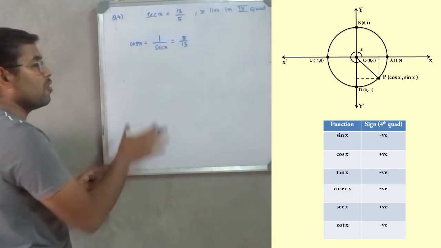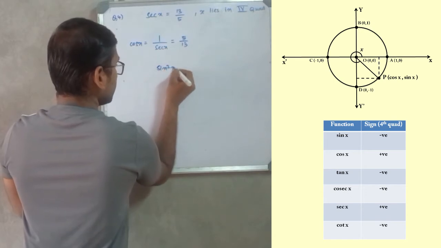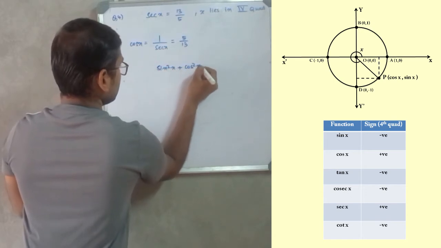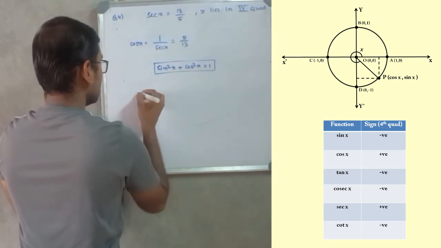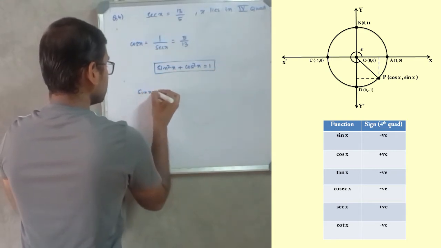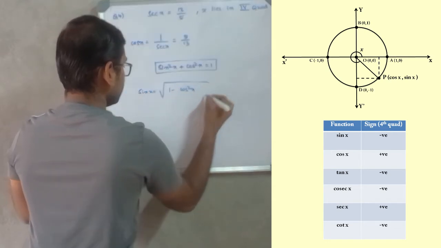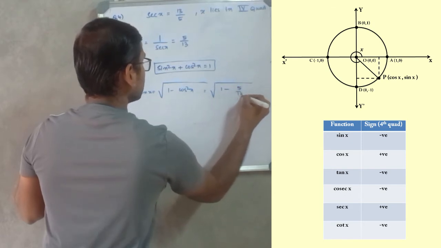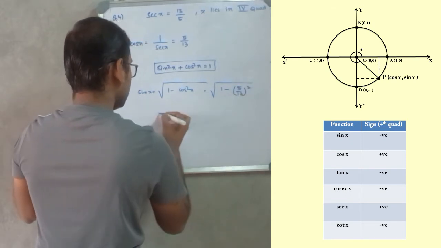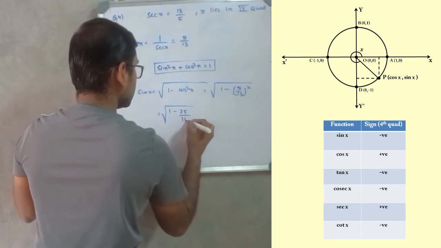Now, if I know the value of cos x, I can use the relation sine square x plus cos square x is equal to 1. I can use this relation to find the value of sine x. So from this relation, sine x is equal to under root 1 minus cos square x, which will be equal to under root 1 minus 5 by 13 whole square, which will be 1 minus 25 divided by 169.